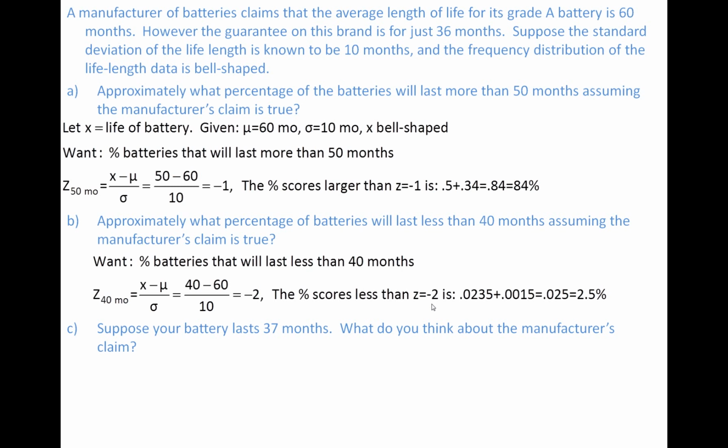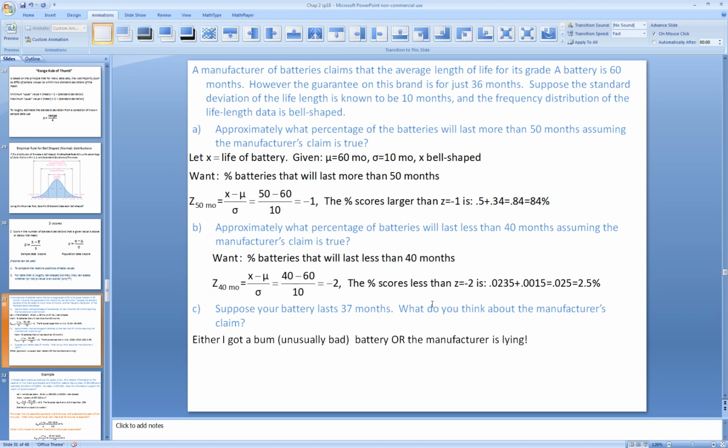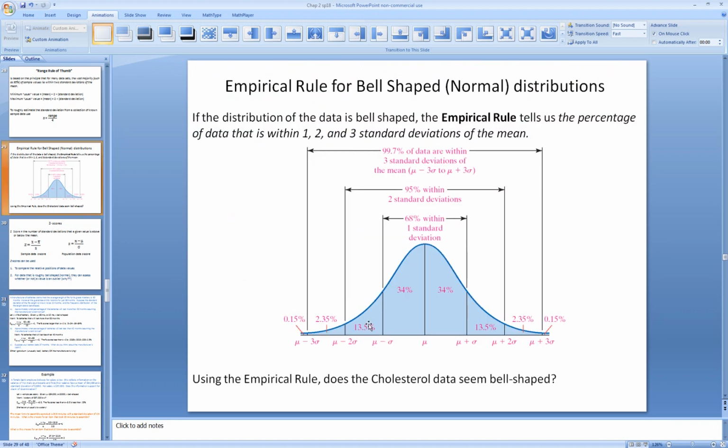So if you look at this bell-shaped curve, 0.035, here's a z-score of -2. That would be 2 standard deviations below the mean. And then the percentage of data less than that would be 0.0235. And then beyond 3 standard deviations from the mean is 0.015.